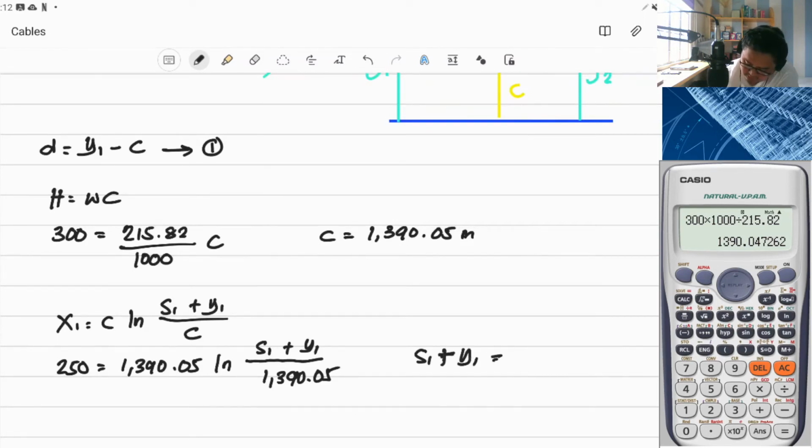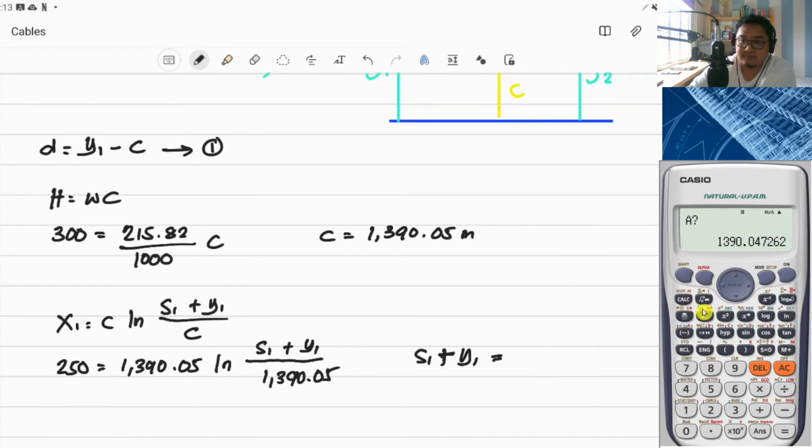So what is the answer? Let's just store this. 250 equals 1390.05 times ln of (S1 plus Y1) over 1390.05.